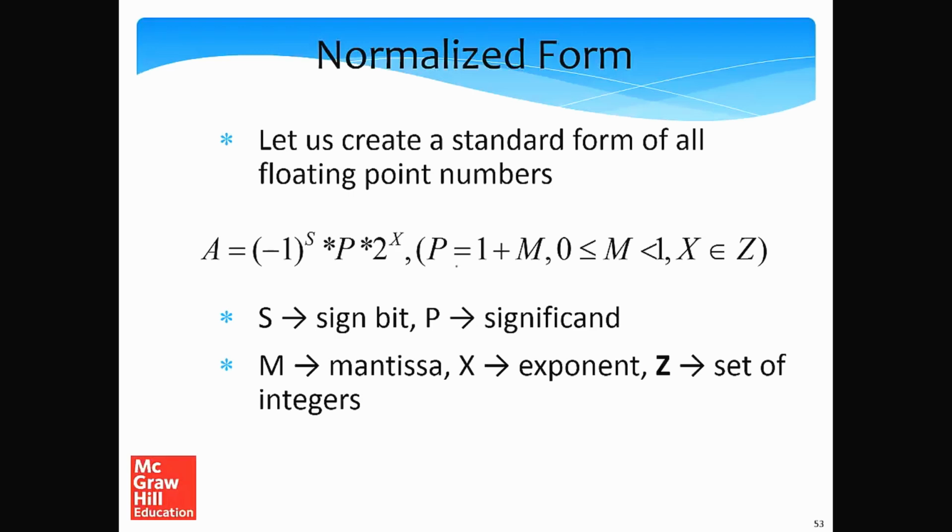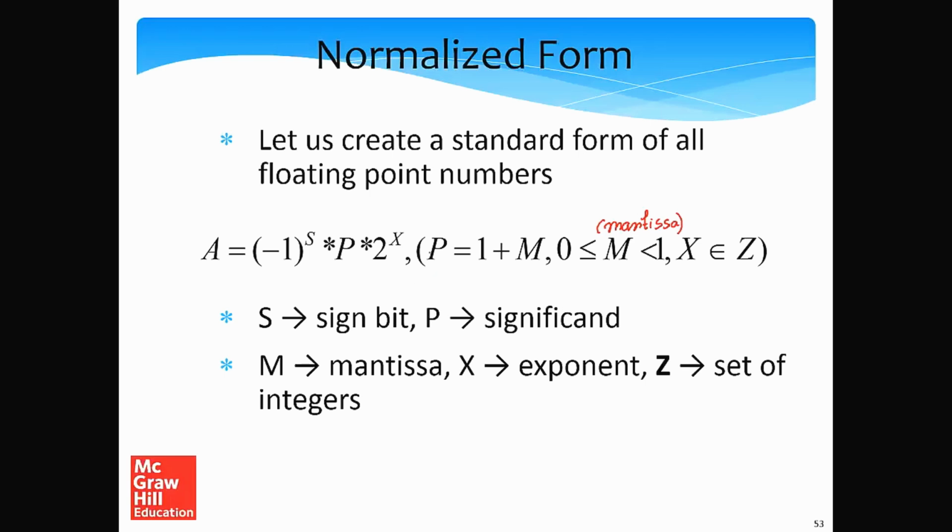The significand is a number of the form 1 plus m, where m is strictly less than 1 and positive. m is called the mantissa. Multiplied by 2 to the power x, where x is the exponent and x is an integer.